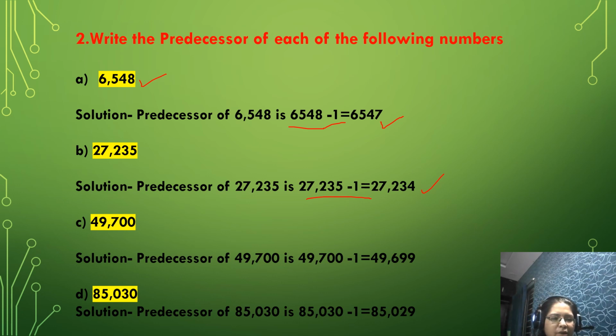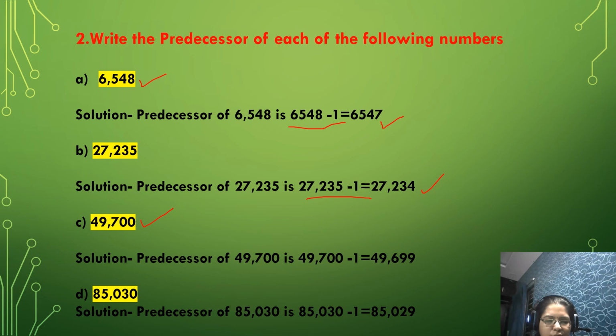And the third number given is 49,700. We read it as 49,700. And what is the predecessor of this number? Predecessor of this number 49,700 will be 49,700 minus 1.